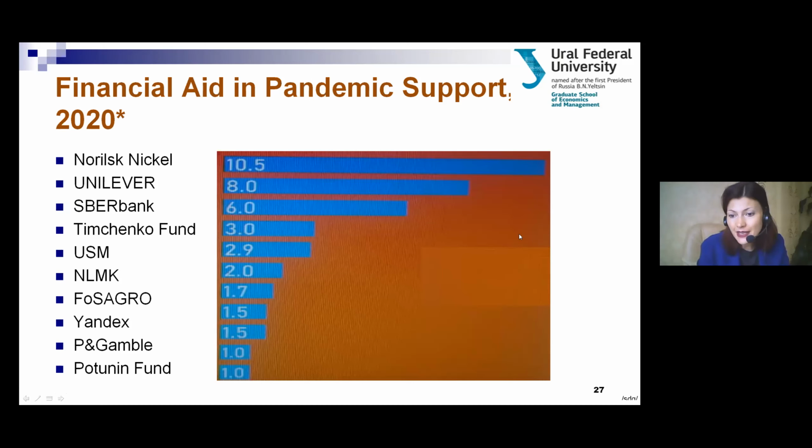Well, I have this data for you to see which companies in Russia were the most active in pandemic support. This is not the final list, of course, and it's in billion rubles.